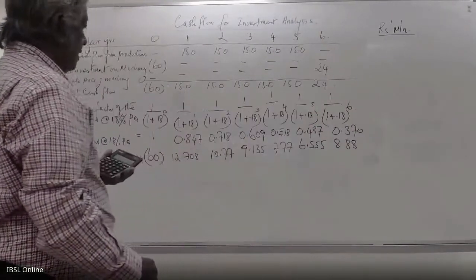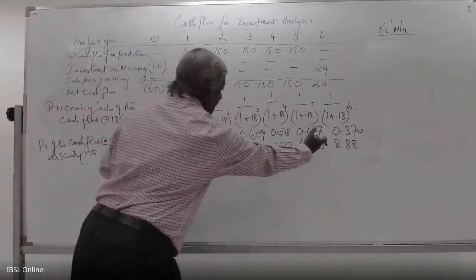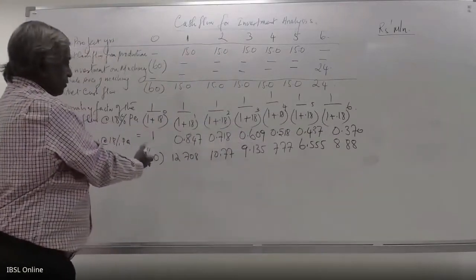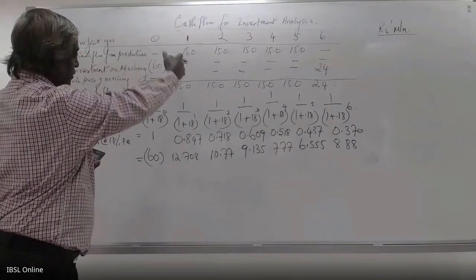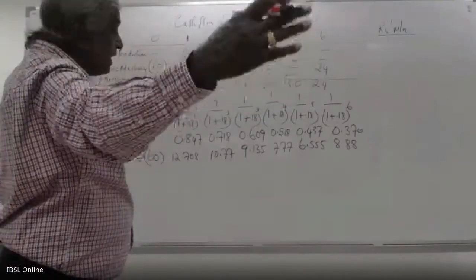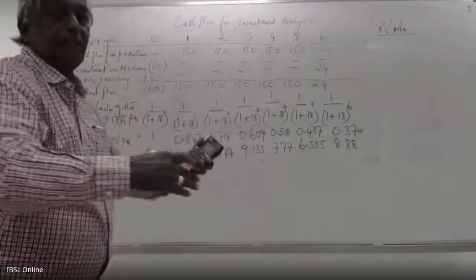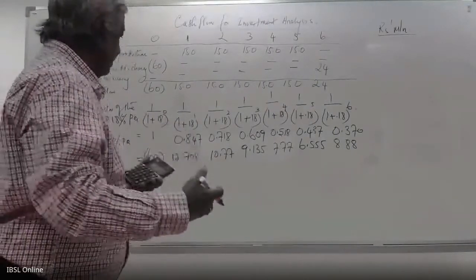Now all these are the present values. We have converted all the future values into present value. All these are on the same platform, present value. So now we can total them, add or subtract. We can do it. Okay.